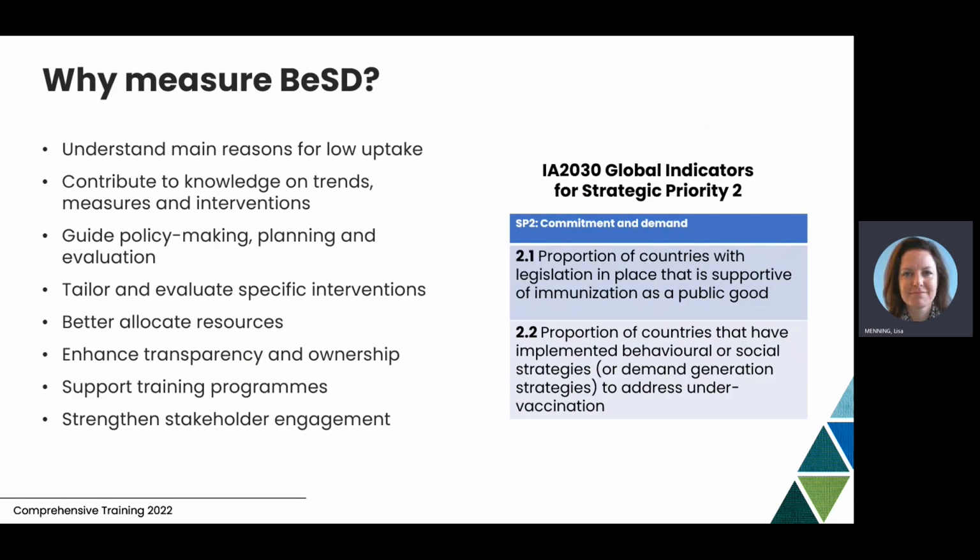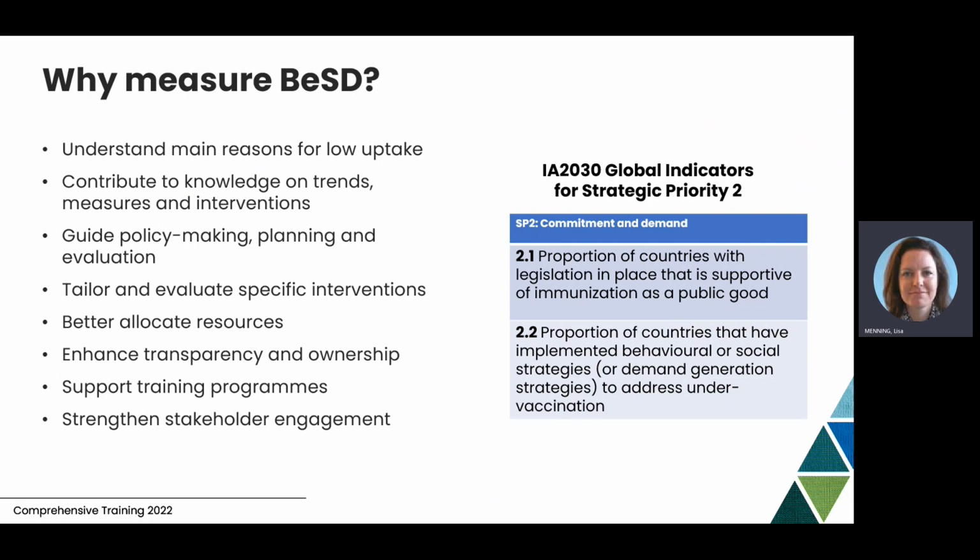So why is it important to measure the behavioural and social drivers? It's not only about understanding why there is low uptake and these main reasons. It's also about being able to gather data on trends and the various issues that are facing programs, these reasons for low uptake, but also to be able to have better data to inform the design and evaluation of interventions.